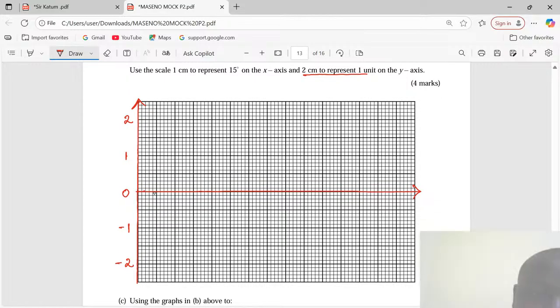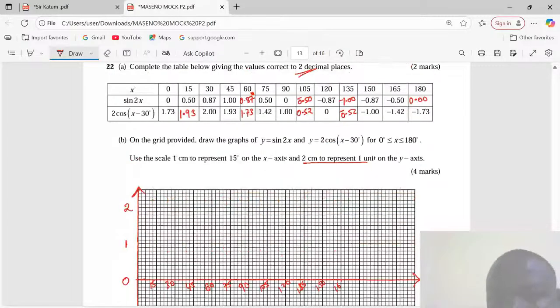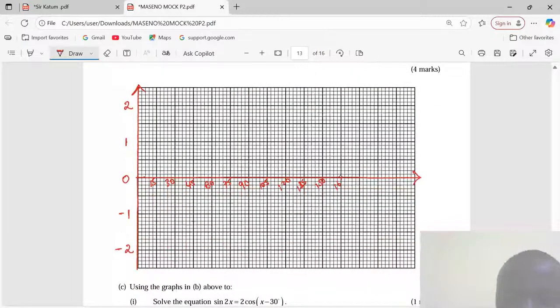Okay, we are talking about now 15, 30, 45, 60, 75, 90, 105, 120, 135, 150, after 150 you go to 165, then 180.